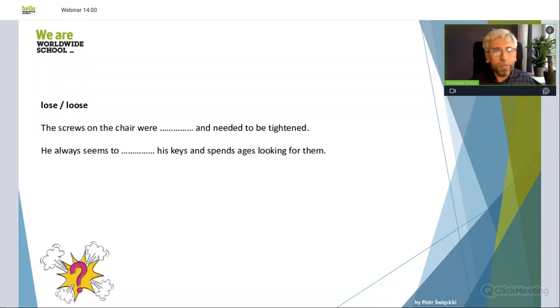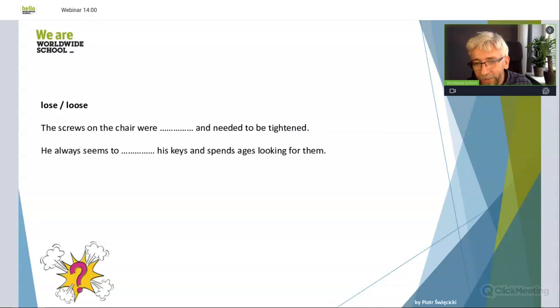Lose and loose. Which is which? Lose money? Oh, yeah, lose money. Yeah, lose money, right? Loose. This leg of the table is loose.